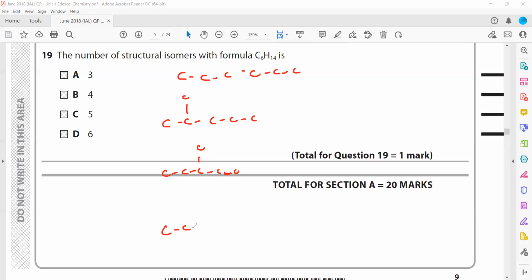Then there will be 4 in the chain. They will have 2 branches, one on the second carbon and another one on the third. Or they might have both branches attached to the same carbon.